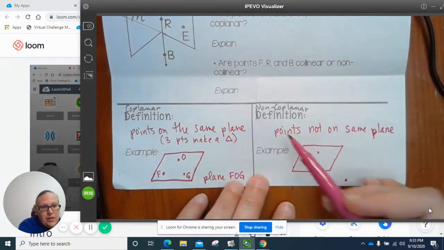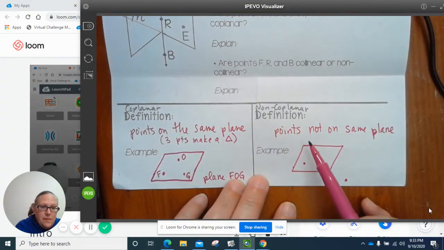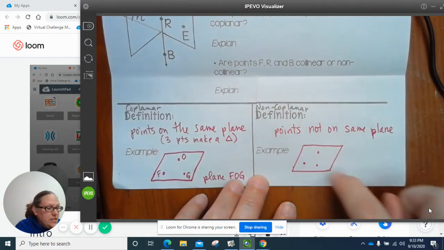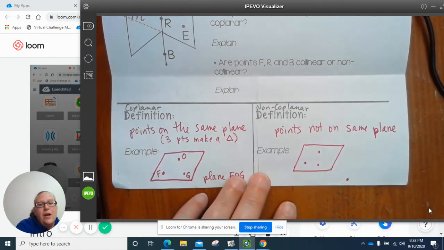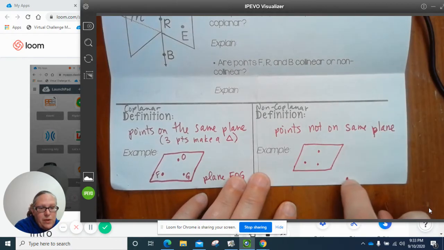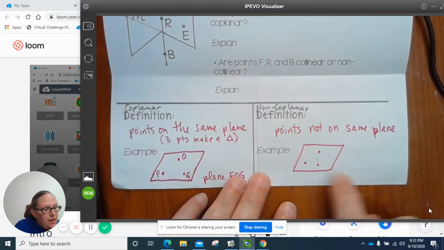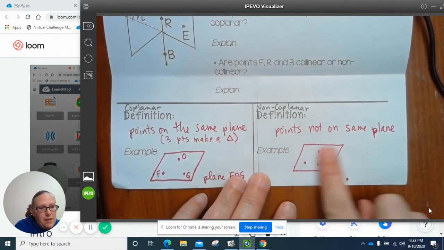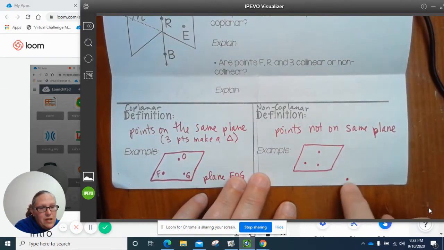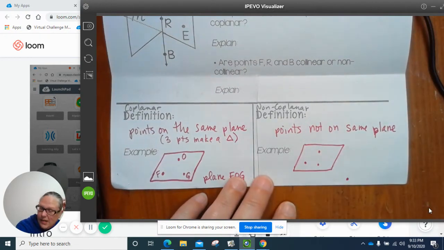If I want points that are not on the same plane, okay, I could have some points that are here on the plane, and then I have one that fell off. So if I listed these 4 points and said, are they coplanar or non-coplanar, you would have to say not, because this one like fell off the table, right? Like all of these points are sitting on the tabletop on the flat surface, and then this one fell on the floor. There's no 5-second rule here. We're not going to get up there.